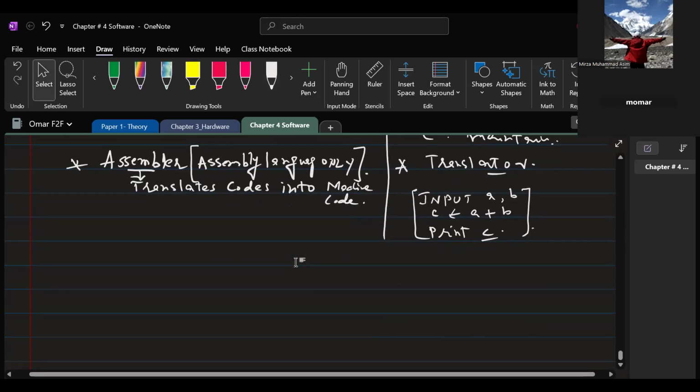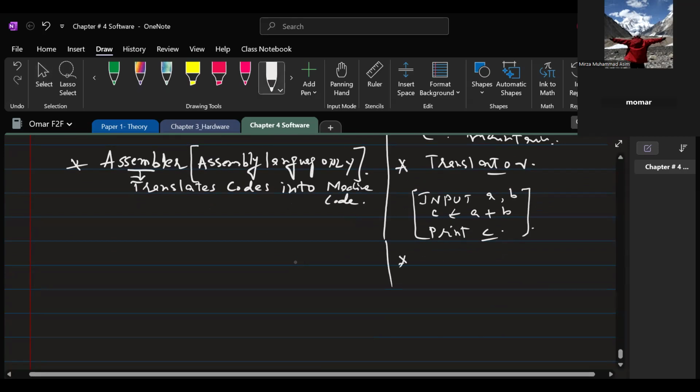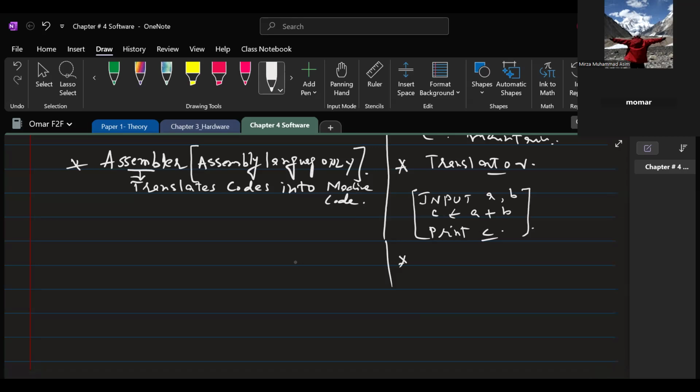Okay. In high level language, we can say high level languages are not memory efficient.